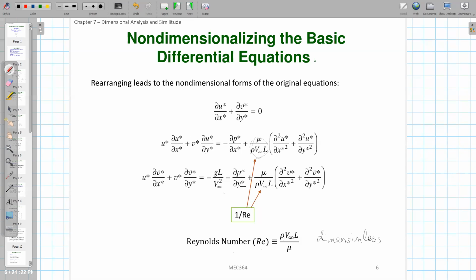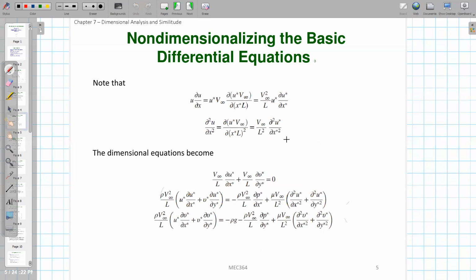So from here you will see that after you do this non-dimensionalization, you can reduce your equation to include some important dimensionless parameters for some terms, and from these dimensionless parameters you can determine whether or not a term is important.